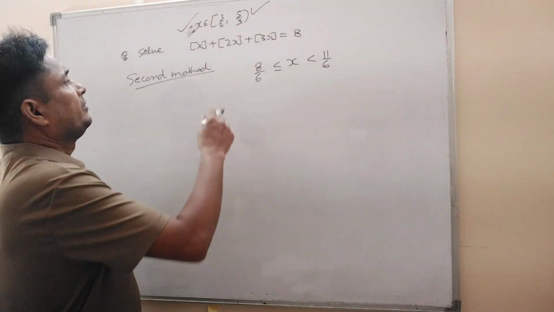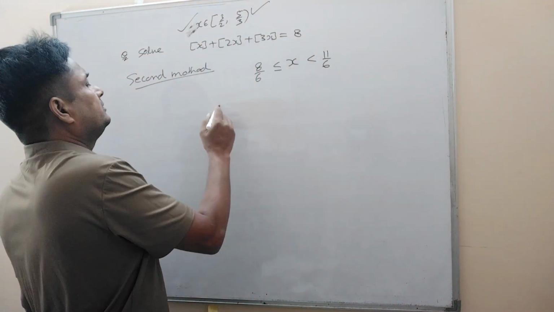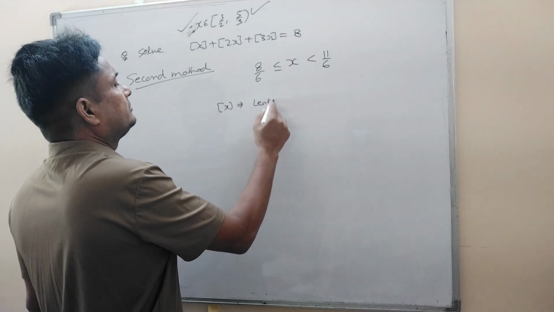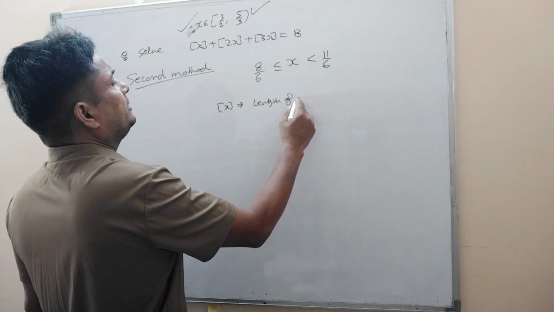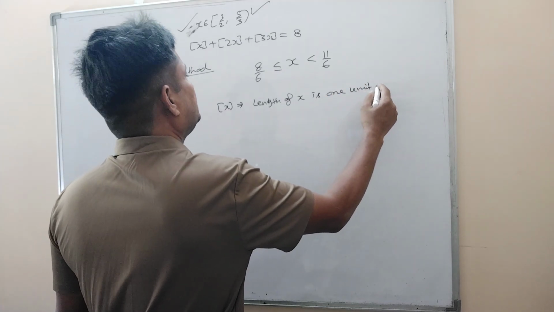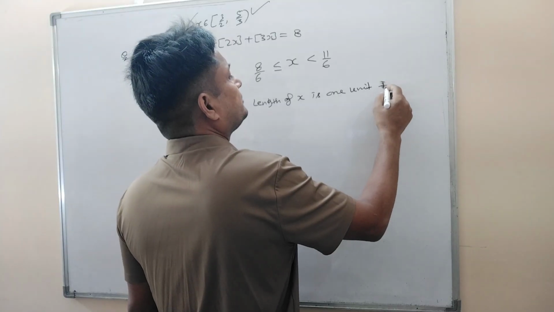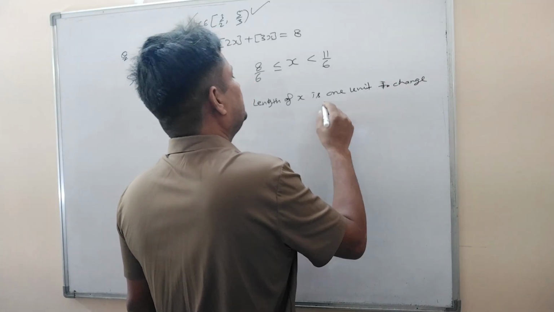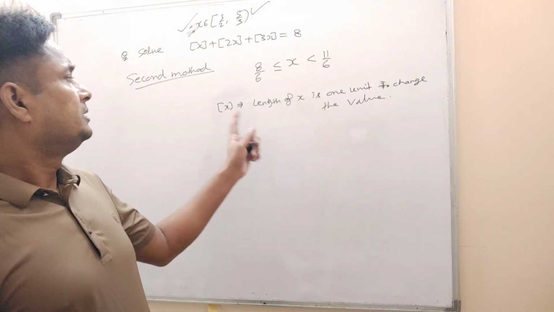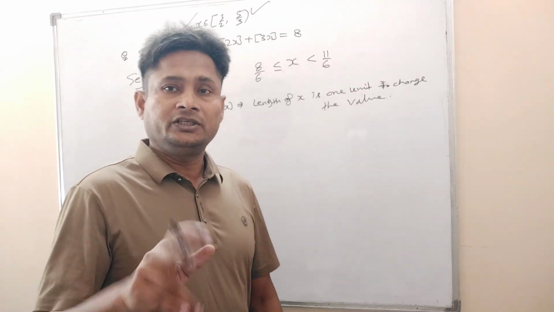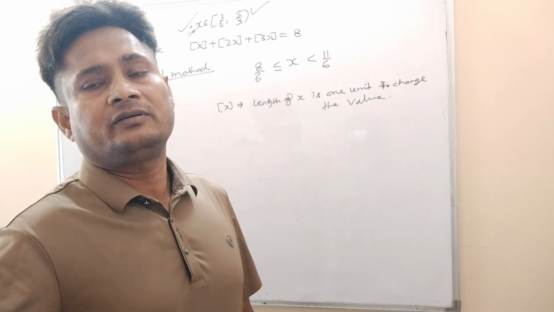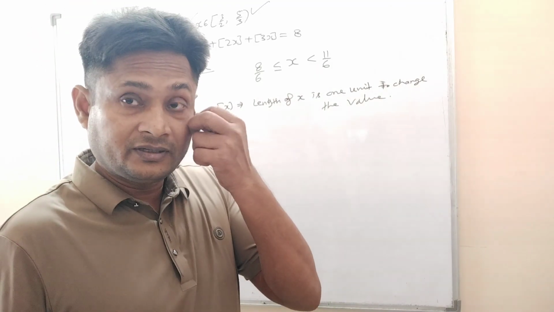And see here, the length of x is 1 unit to change the value. Right? Greatest integer of x will change the value after every length of one interval, length of 1, right?